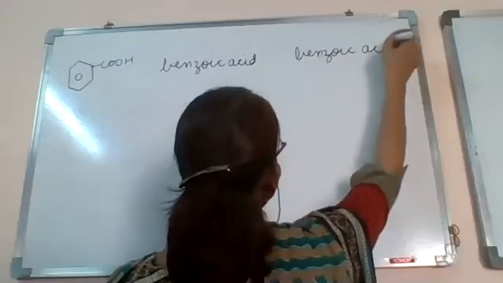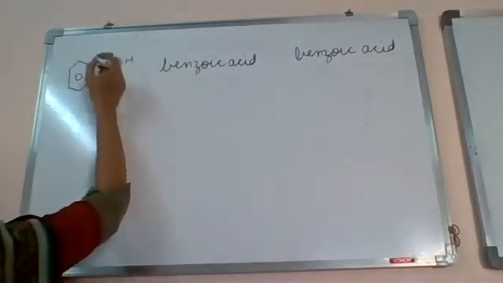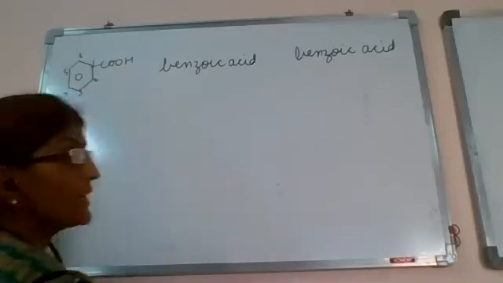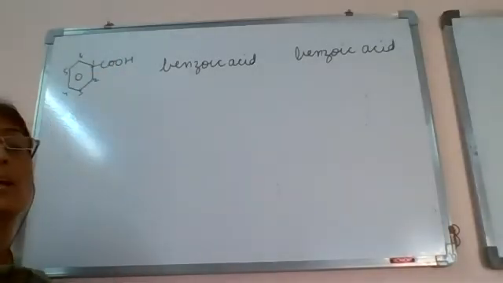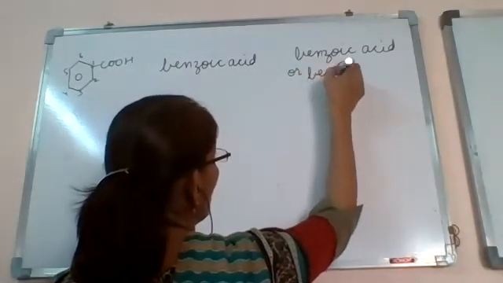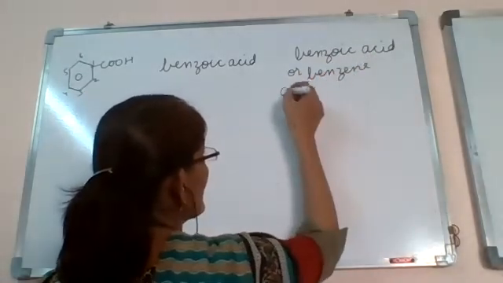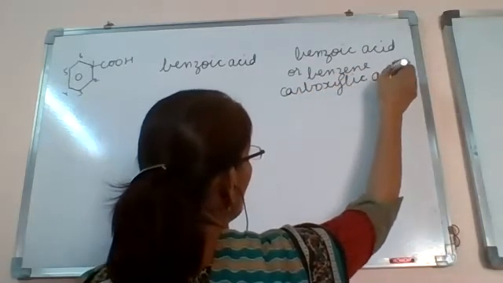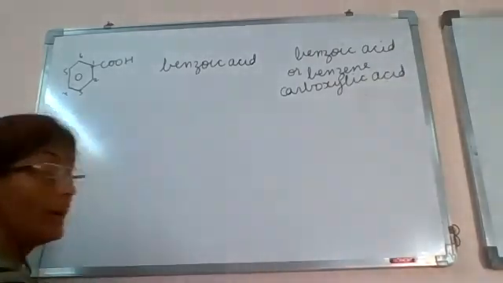One more IUPAC name is there. If COOH group is outside the ring, then its suffix used for IUPAC name is carboxylic acid. So IUPAC name is benzene carboxylic acid. Remember it.